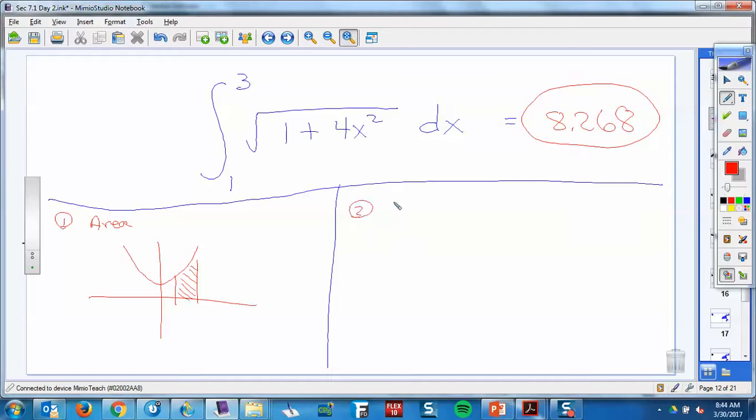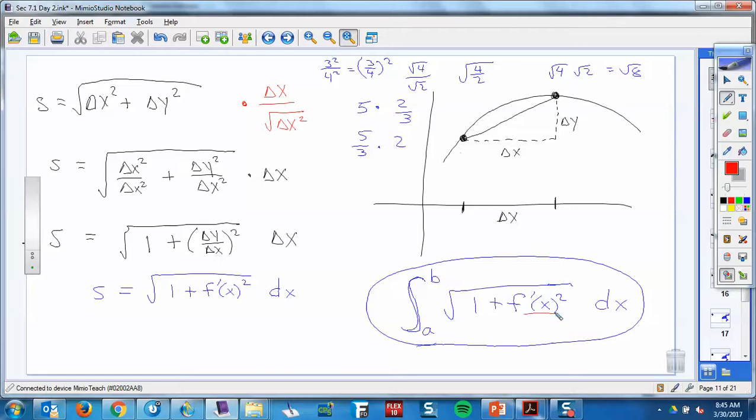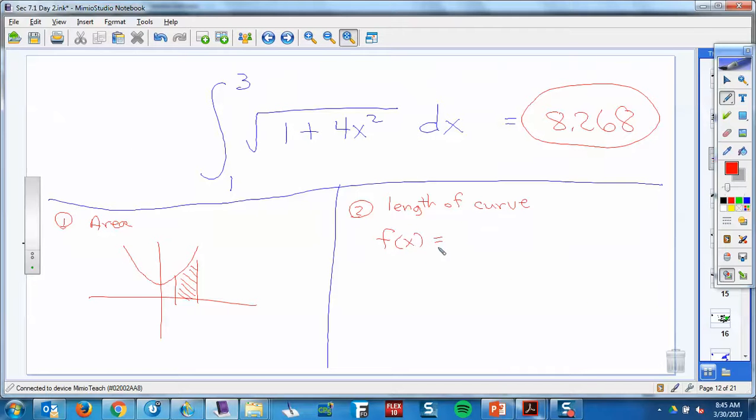This could also represent length of curve. What curve? So this is the square root of 1 plus (2x) quantity squared, right?